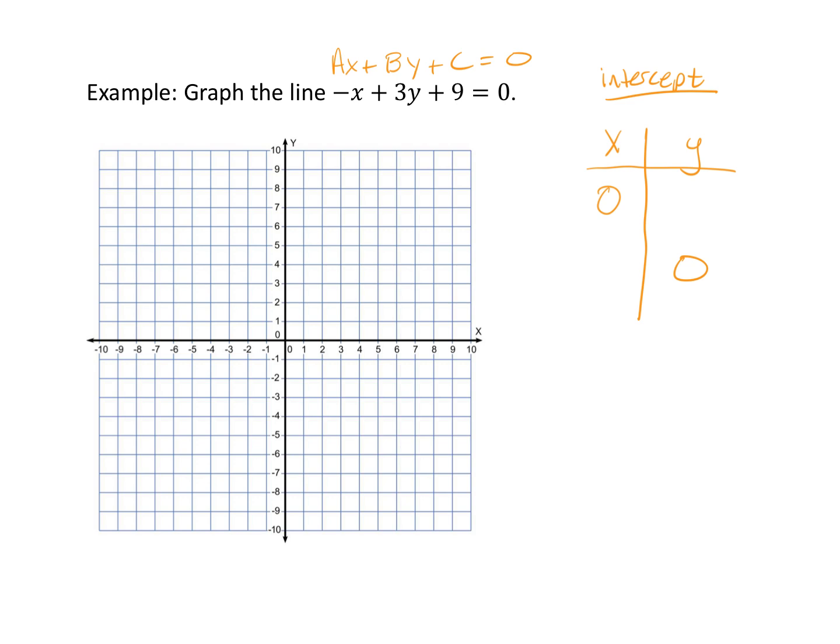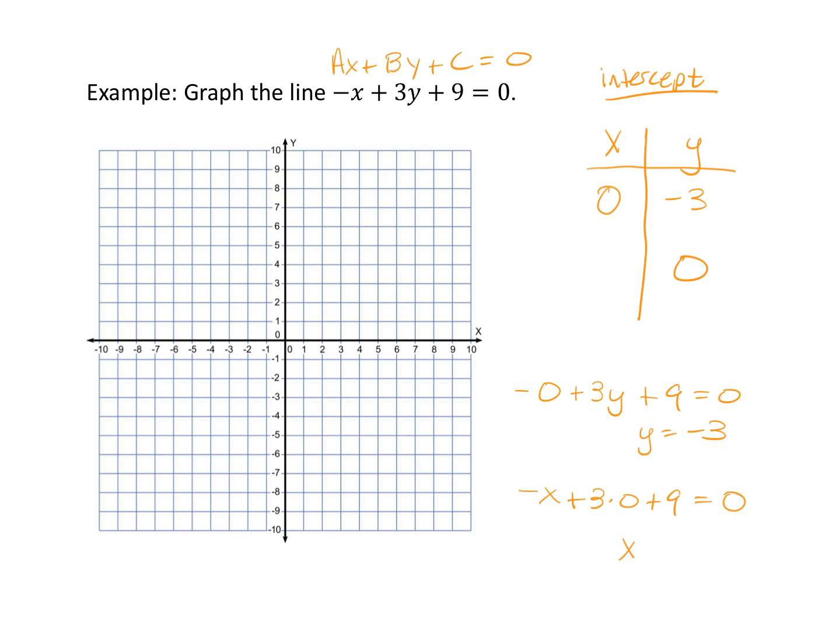Okay, so if I made X 0, that means this X would go away, and I'll write it out. -0 plus 3y plus 9 equals 0. When we solve this for y, we get -3. Okay, and if I make the y 0, I have -x plus 3 times 0 plus 9 equals 0.